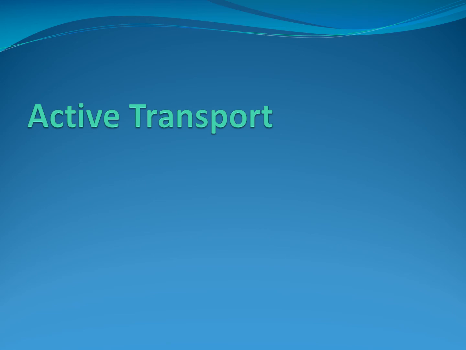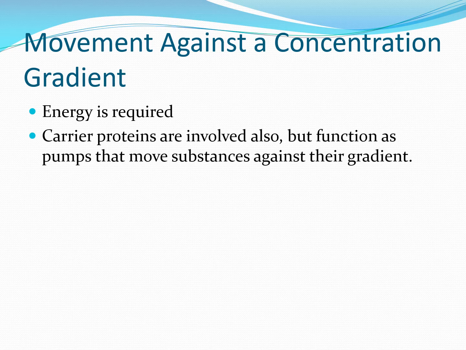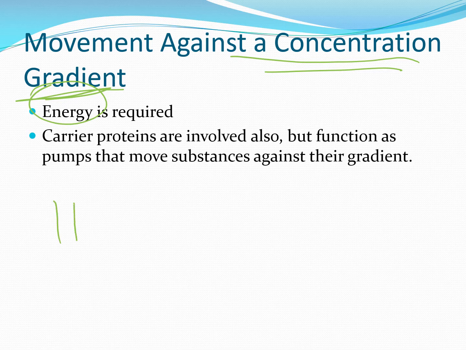Active transport. So this is the opposite of passive transport. The difference between this and passive transport is that energy is required because you're going against the concentration gradient. So basically, even though this area is high and this area is low, normally things, if we're passive, are going down this way.